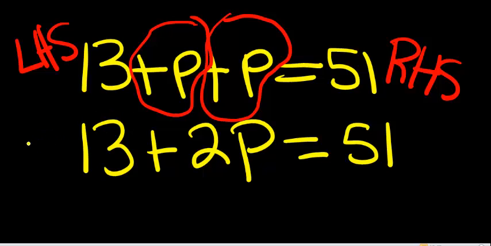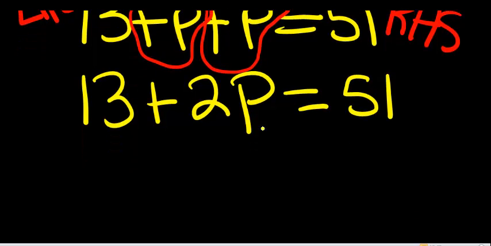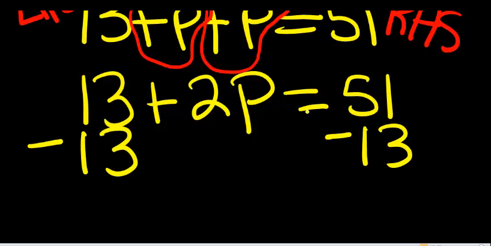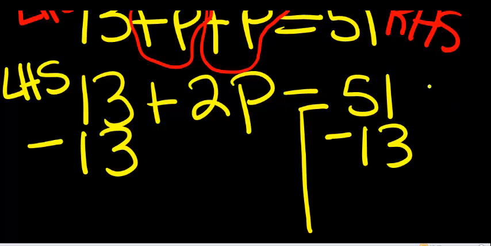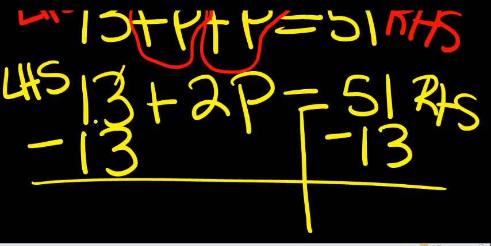On the left-hand side, I see a constant term of 13. On the right-hand side, I see a constant term of 51. So I'm going to subtract 13 from each side of my equation. I put up my brick wall so I know whatever I do to the left-hand side of the equation, I have to do to the right-hand side. On the left-hand side, that reduces to 0.